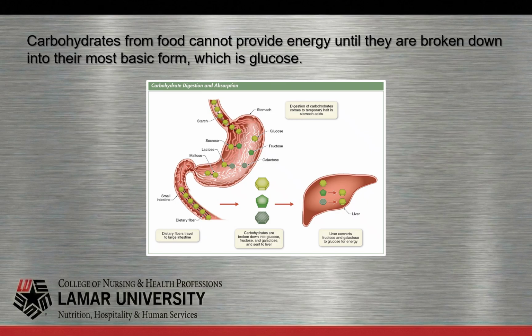The liver converts fructose and galactose to glucose, which is sent to the cells to be used for energy, stored by the liver and muscles as glycogen, or converted to fat.